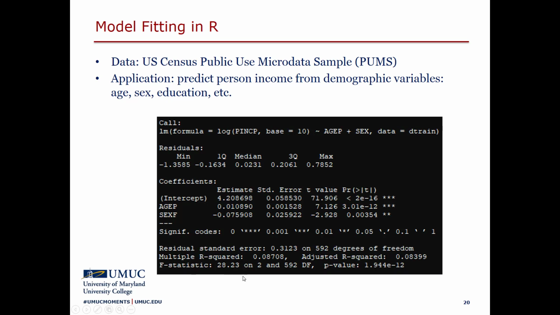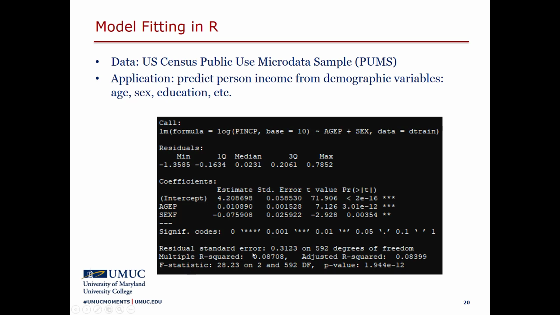This section of the output model summary, by the way, you can get this by just calling the summary function on the fit model. Again, this aspect of how to do it in R will be explained in the R tutorial by the TAs. This section of the summary of the model refers to the overall model, not individual parameters or individual predictors.